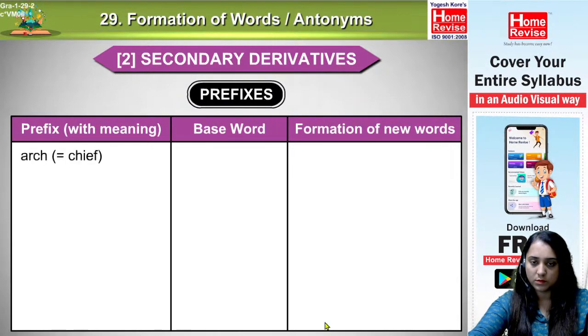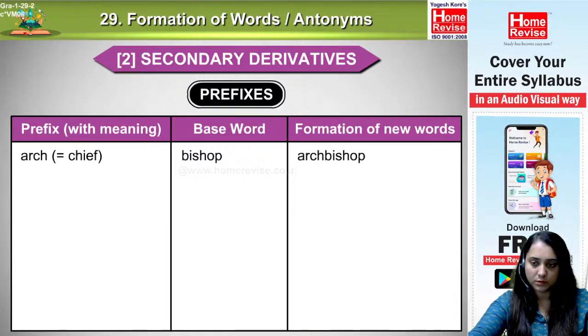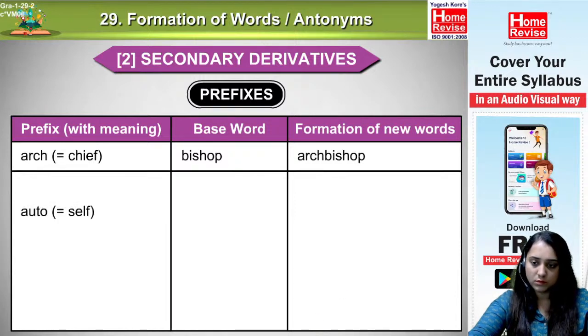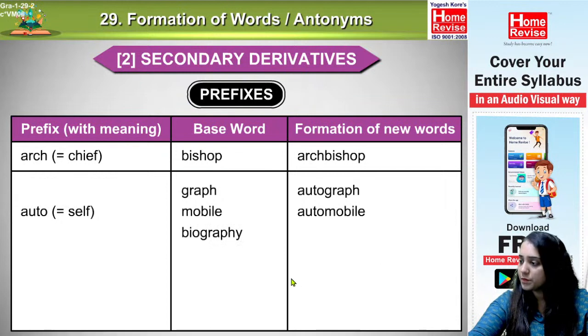The prefix arch, meaning chief, prefixed to bishop makes the new word archbishop. The prefix auto, meaning self, added to base words, forms new words. Graph, autograph. Mobile, automobile. Biography, autobiography.